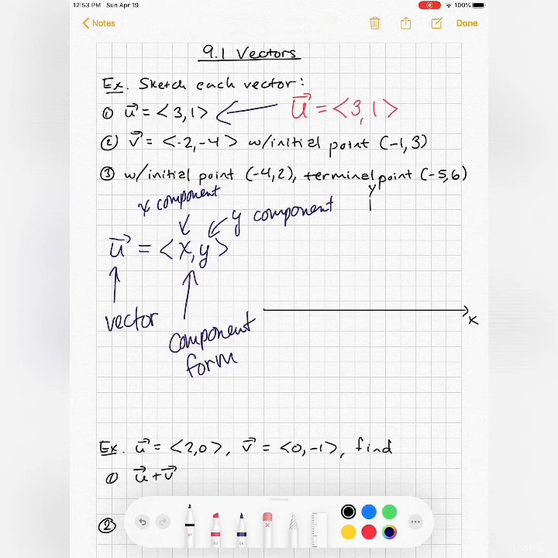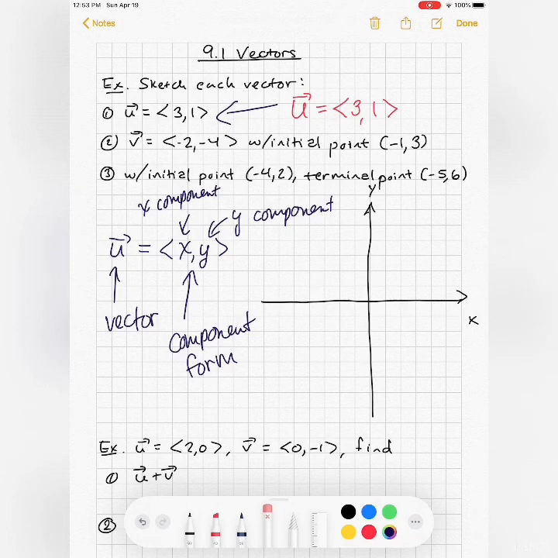Let me see if I can line that up a little nicer. So I'm graphing this vector u. So I go right 1, 2, 3, and up 1. So that would be here, the terminal point.